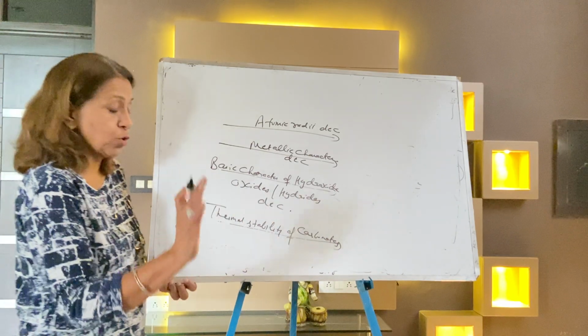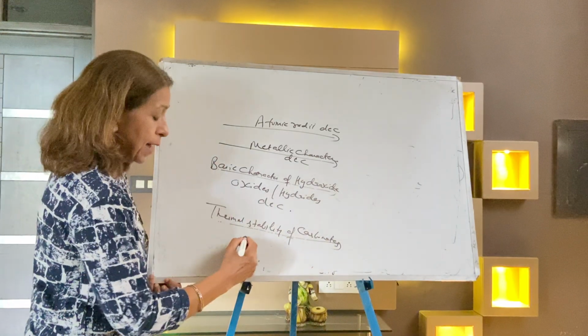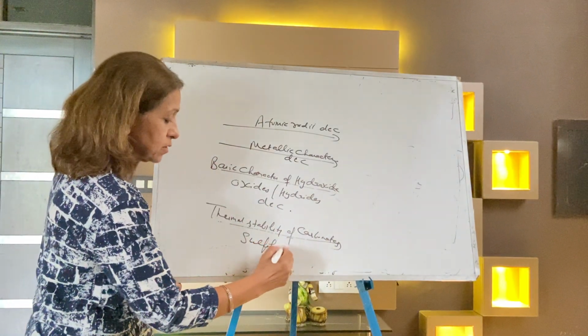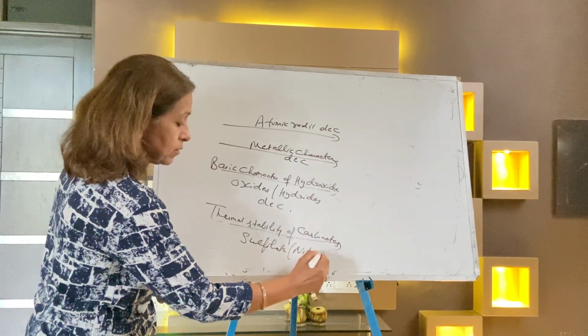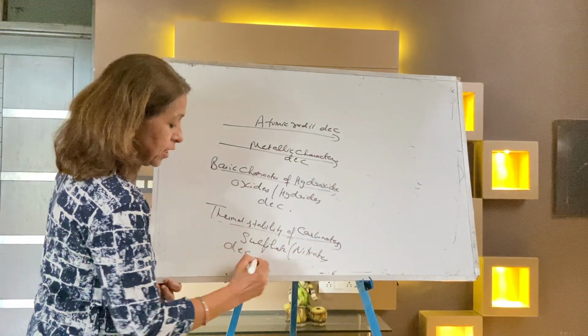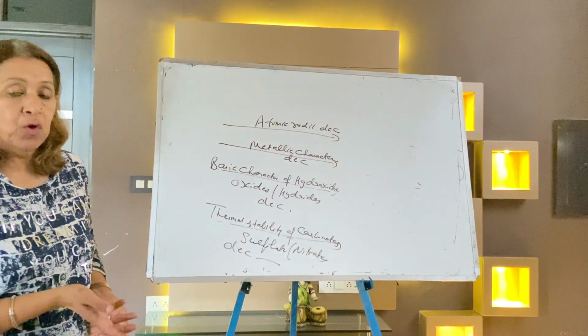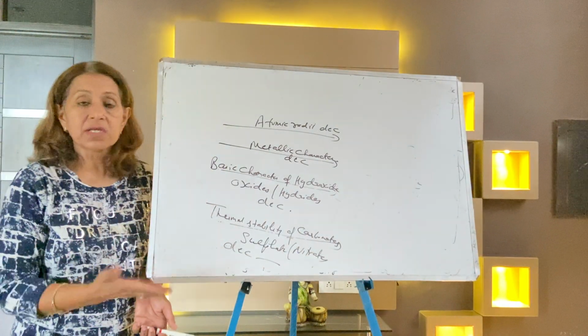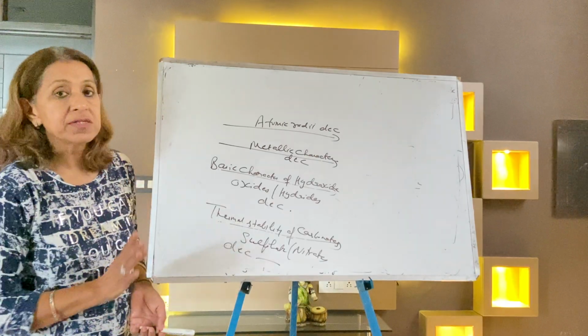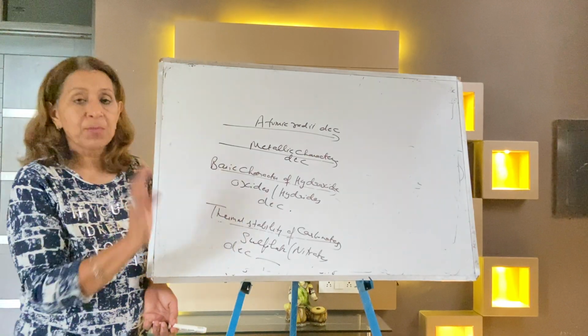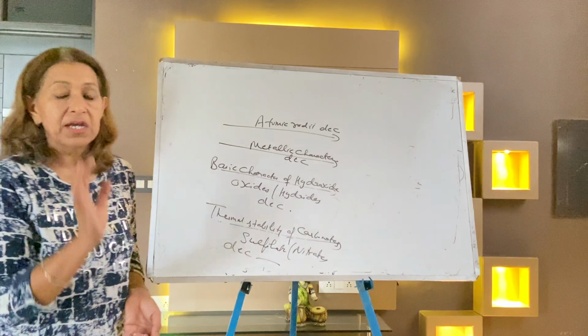These will all come slowly in your chapter on s-block. The thermal stability of carbonates, sulfates and nitrates decreases in a period. So these are the four properties which always decrease in a period, but they increase in a group. The rest of the properties increase in a period.